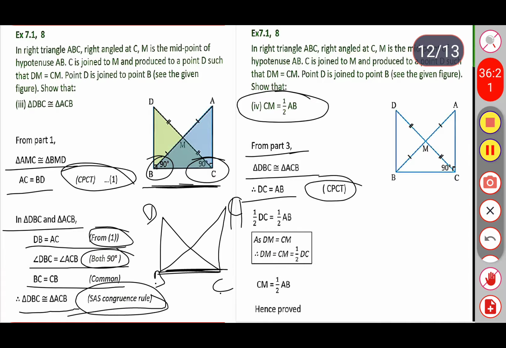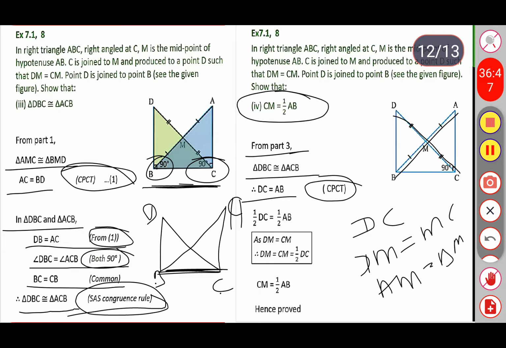M is the midpoint of DC, which means the whole line segment DC is equally divided into two parts, that is DM is equal to MC. And AB is a line segment in which M is the midpoint, which means AM is equal to BM.